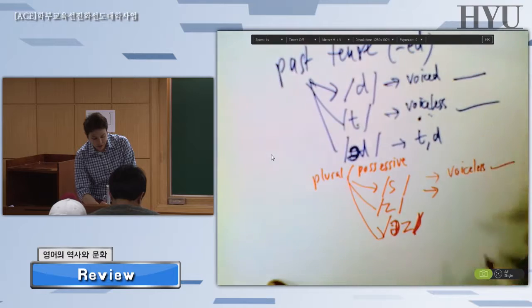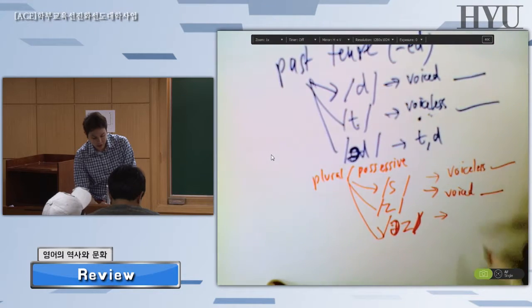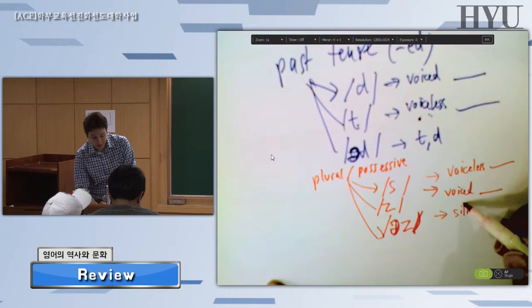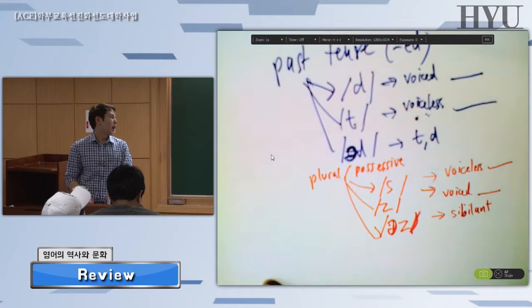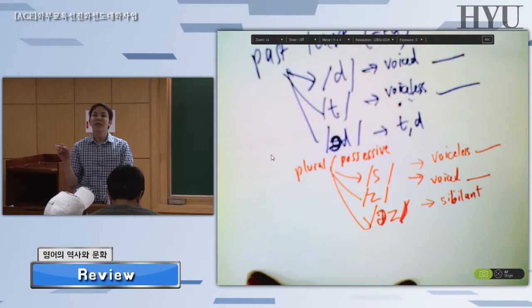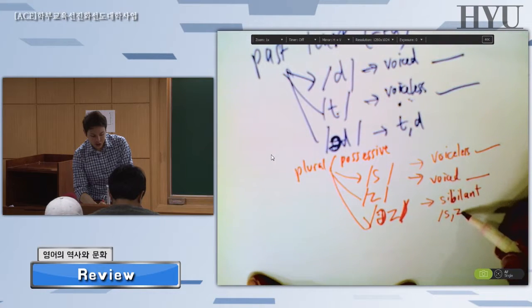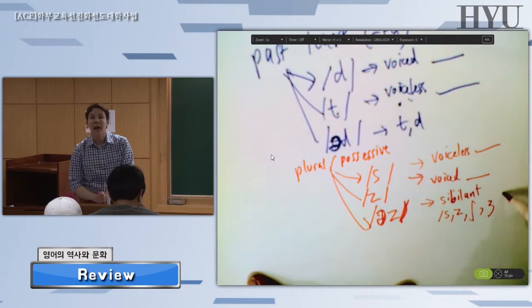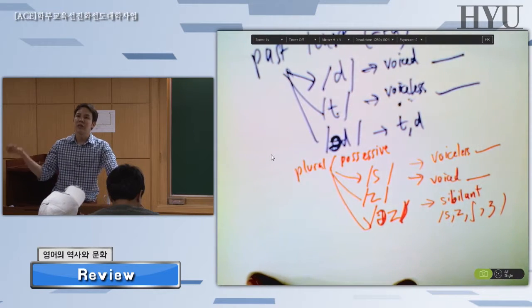If the preceding sound is voiced, you have a z. If the preceding sound is, remember, a sibilant sound. Sibilant sounds are mostly fricative sounds and also affricate sounds, right? Sounds like s, z, sh, zh, like that, okay? Like church, churches, garage, garages, like that.